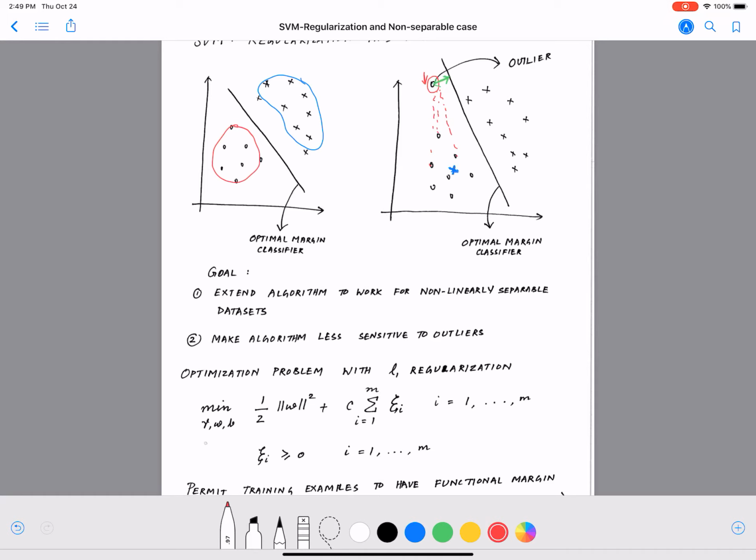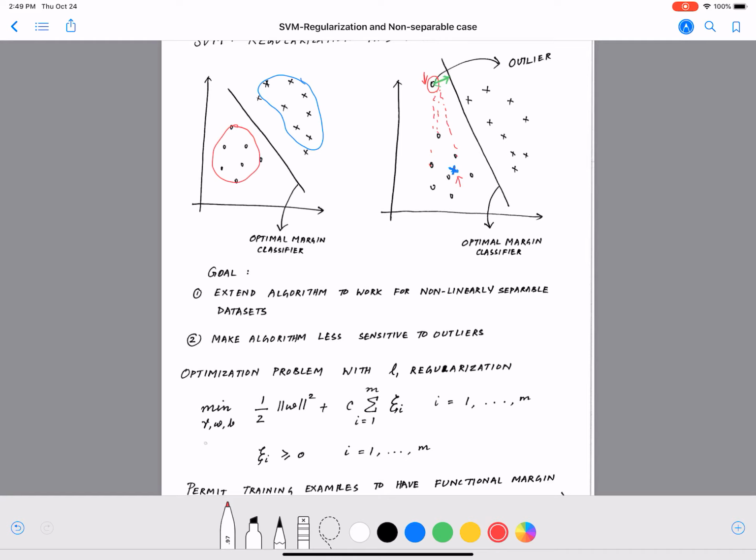So this point right here is making this data not linearly separable, right? Because there is a cross that's right in the middle of the circles. There is no line which can separate the circles and the crosses in such a data set. So this placement of this cross amidst the circles makes the data not linearly separable.